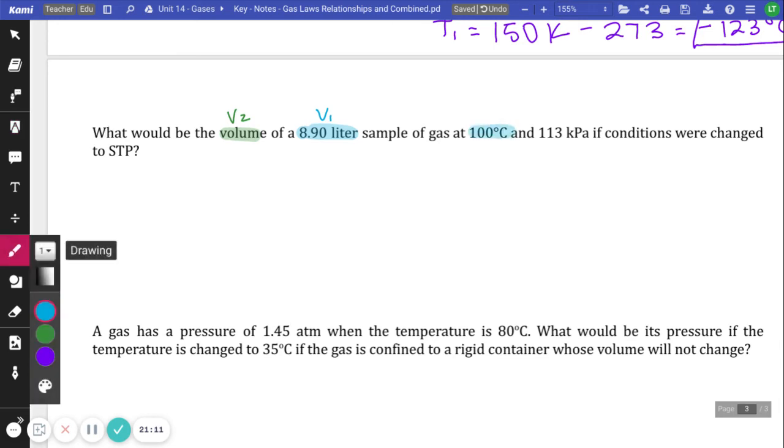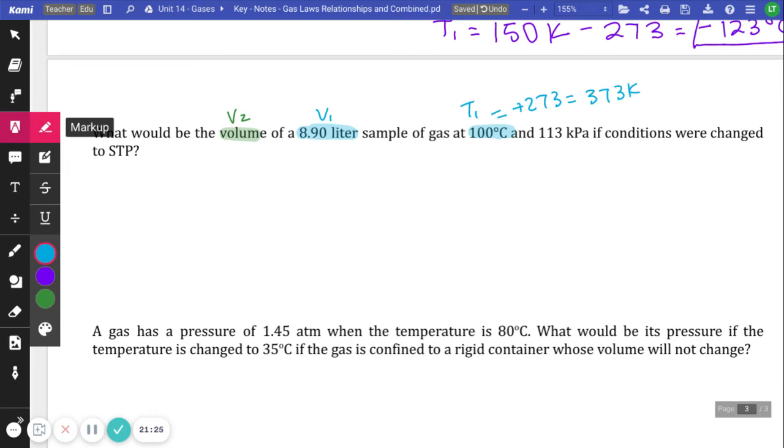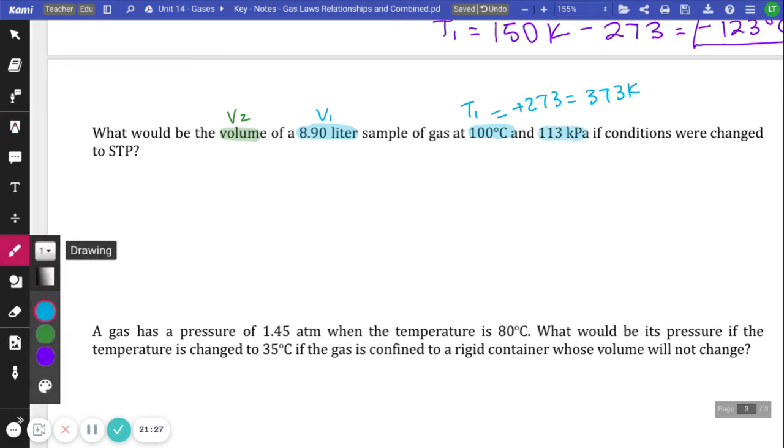So 100 degrees Celsius will be our T1. And again, we need to convert that to Kelvin. So we're going to add 273 to it, which gives us 373 Kelvin and 113 kilopascals. So that's going to be our P1.